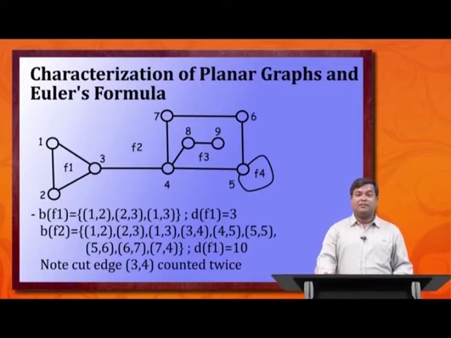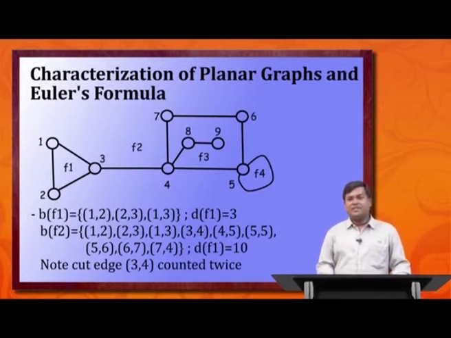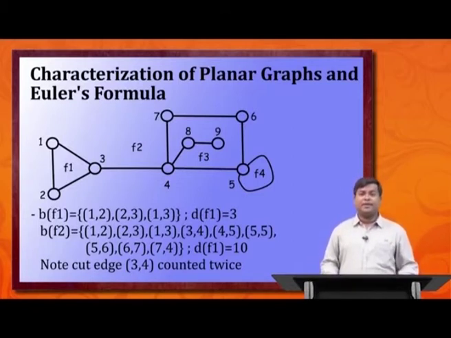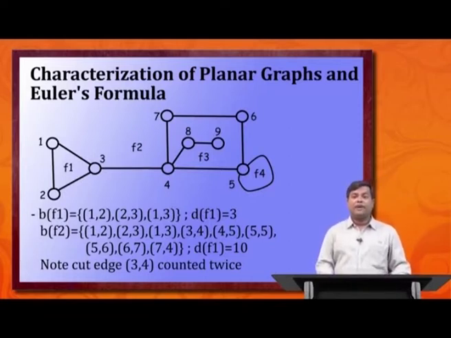Now let's come to face F2. This is a little bit more complex. Identifying the boundary of F2 is easier, we need to find the edges inside that boundary. So the edges are 1-2, 2-3, 1-3, 3-4, 4-5, 5-5, 5-6, 6-7 and 7-4.